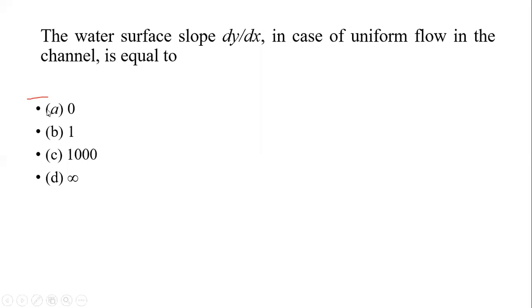Okay, one of the answers I got is A, that is 0 slope. Again I got A. Those who know the answer can go for it, and those who don't know can also try.